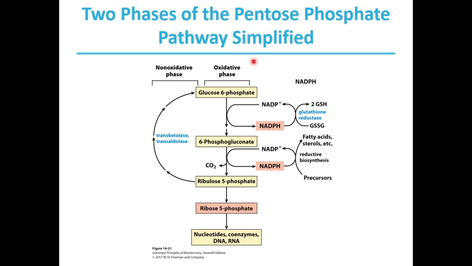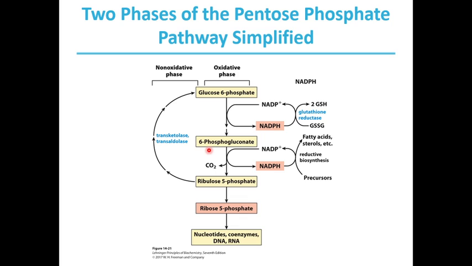In the oxidative phase, glucose-6 phosphate gets converted to 6-phosphogluconate while producing NADPH, and 6-phosphogluconate gets converted to ribulose-5-phosphate, producing another molecule of NADPH. Ribulose-5-phosphate then gets converted to ribose-5-phosphate, which is then utilized in making nucleotides, coenzymes, DNA, and RNA.